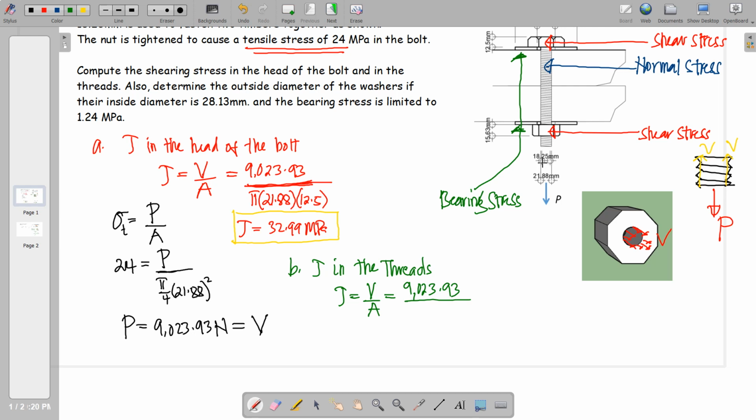So here we're going to use 18.25. Again, we use the perimeter, pi d. So the diameter is 18.25.